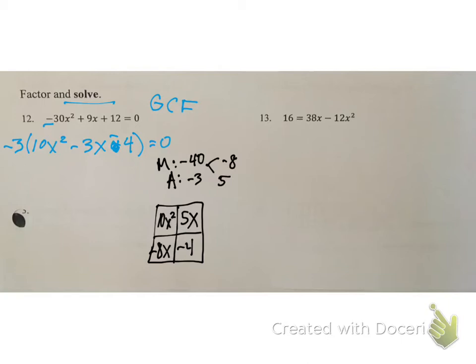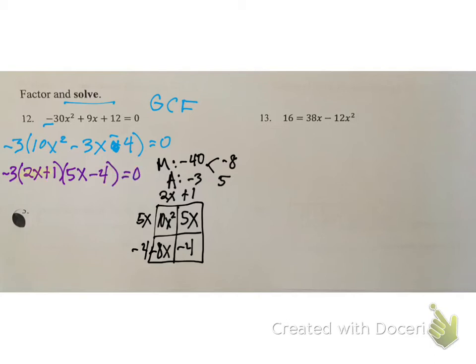I can pull out a 2x, can pull out a +1, 5x, -4. So my final answer of factoring would be, don't forget about the -3, 2x plus 1, 5x minus 4 equals 0.